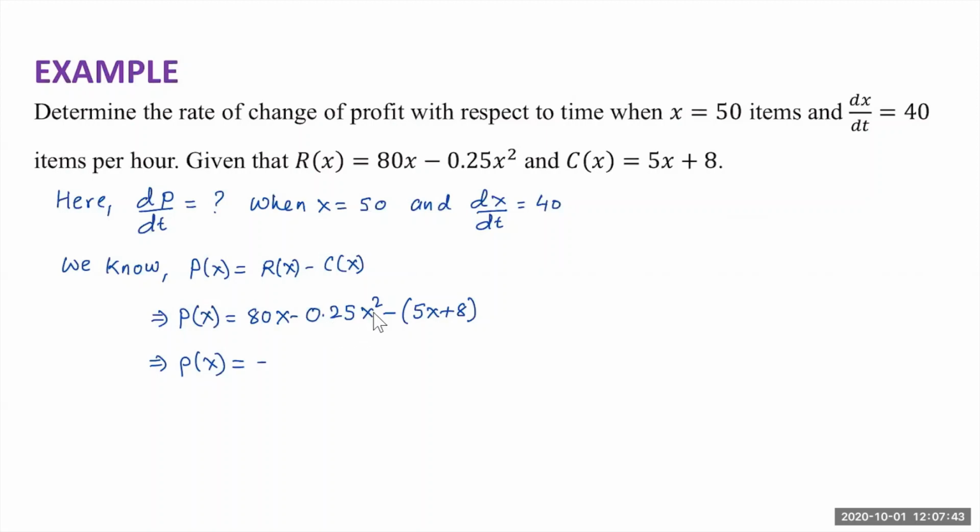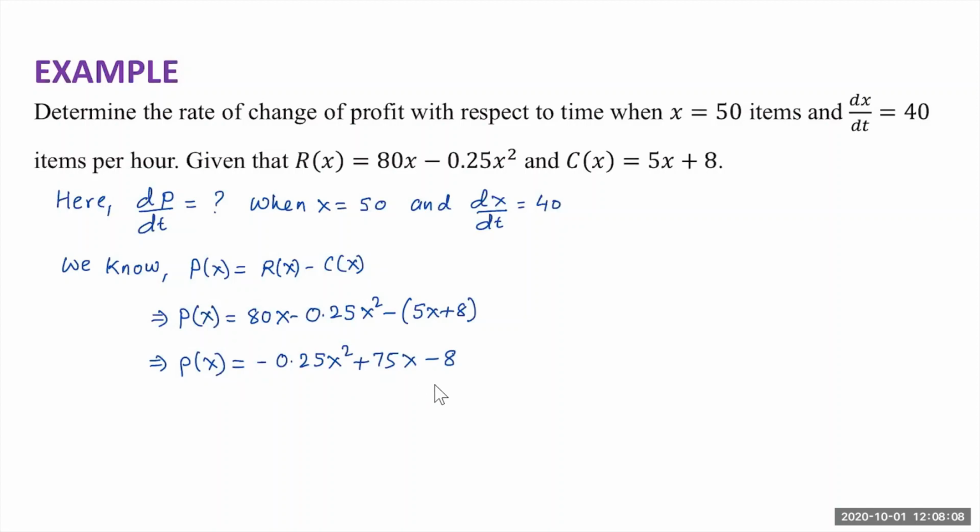Let me write that first, negative 0.25x squared. Then here we have 80x, and we are subtracting 5x. 80x minus 5x is 75x. And then we are also subtracting 80, minus 80. So this is my profit function.